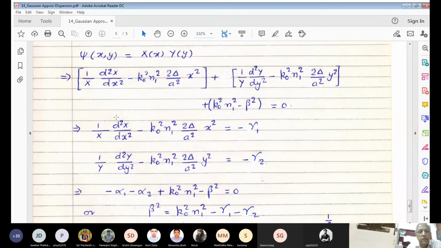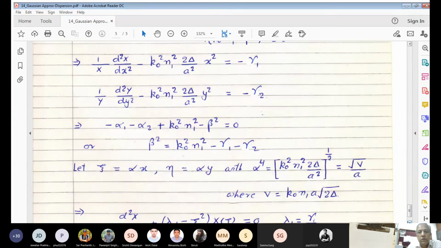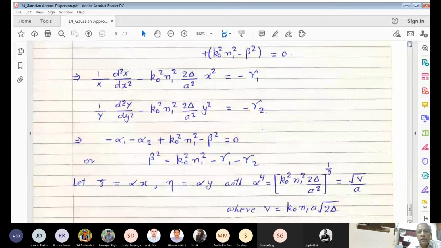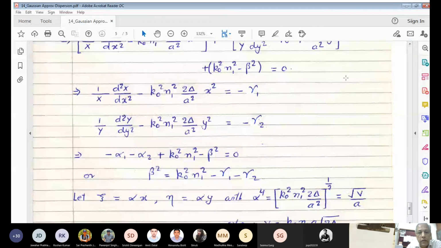So I say 1 by X d square X by dx square minus k naught square n1 square 2 delta by a square x square is equal to minus gamma 1. And similarly, the second, minus gamma 2. And if you substitute this in the equation, then what will you get? And again, I made a mistake here. I should have written gamma 1 and gamma 2 here instead of alpha 1 and alpha 2. So that is another mistake. Alpha 1, alpha 2 should be gamma 1, gamma 2.